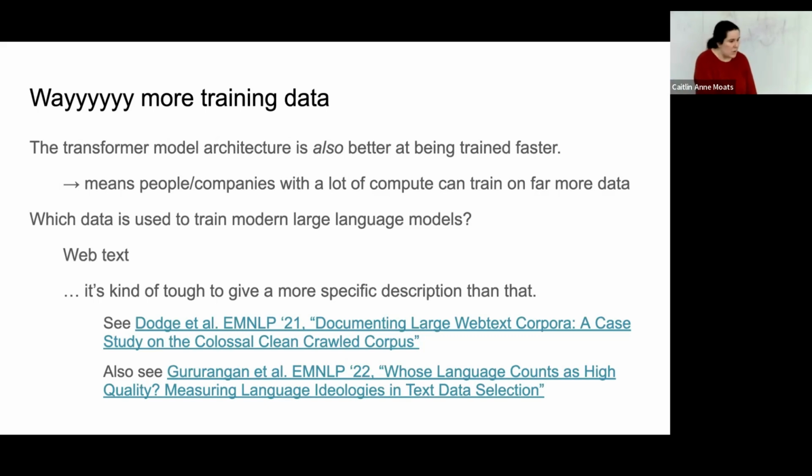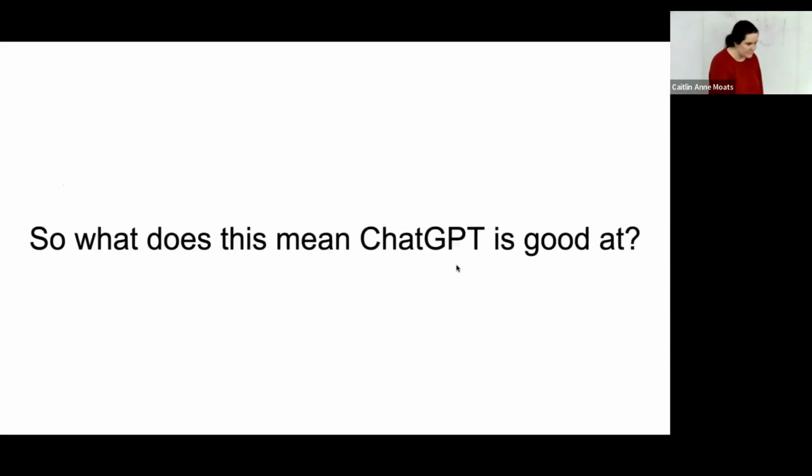Is it code switching language that goes back and forth between two or more different languages? Possibly, we're not sure. But figuring out what data these models are trained on is an ongoing research direction.